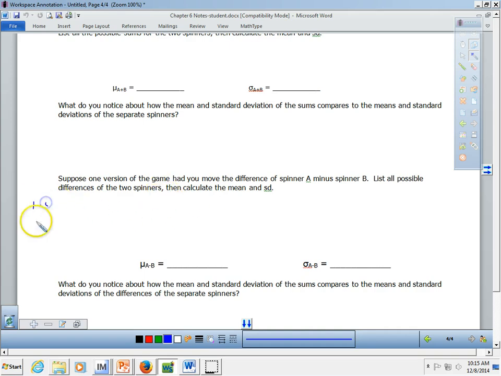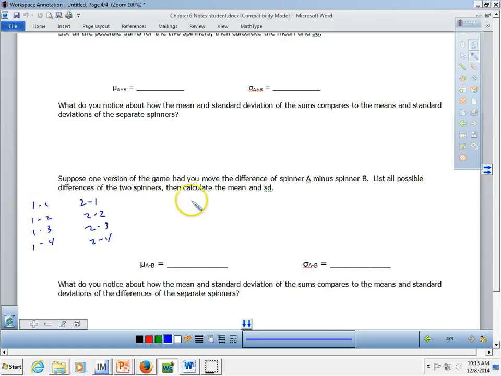We got 1 minus 1, 1 minus 2, 1 minus 3, 1 minus 4. Then we got 2 minus 1, 2 minus 2, 2 minus 3, 2 minus 4. And so, again, all of these are going to be an eighth, just like before, because we're combining the two values.